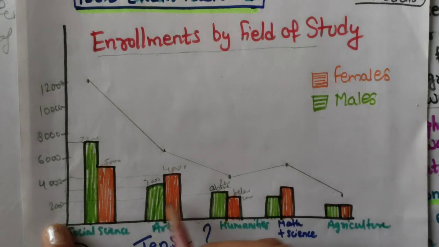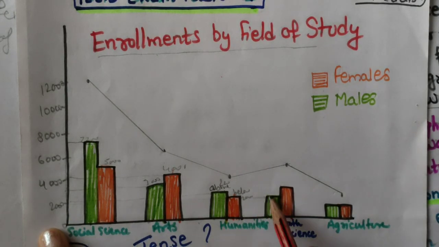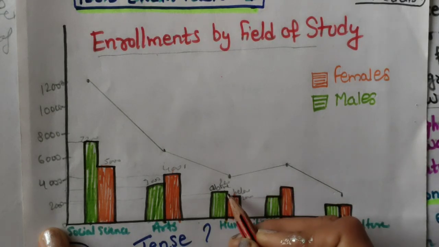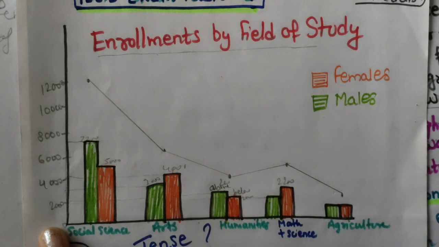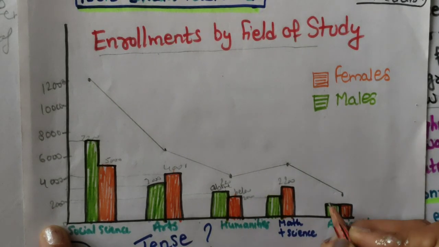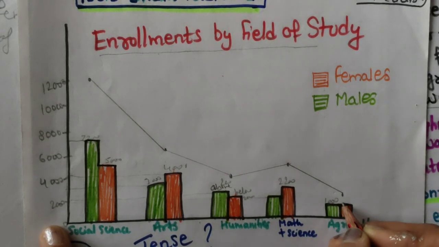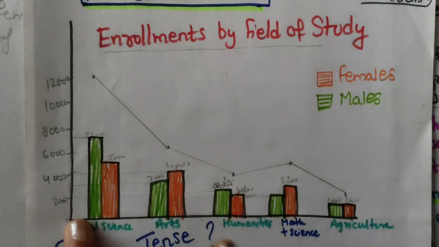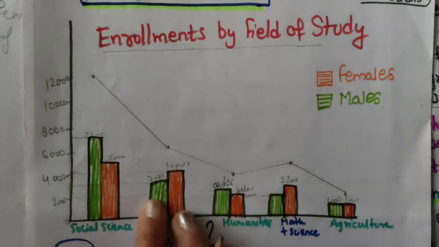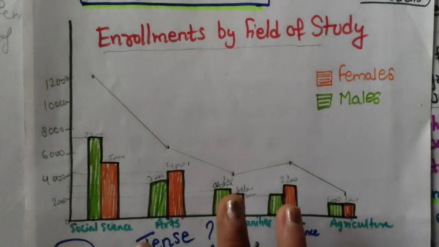Okay, and what is this? This is almost equal, and this just above 2,000. This is also above 2,000. You can say approx 2,200, and here 1,000. Okay, 1,000 you can say. This is the situation. You can do all the homework before writing the actual things.